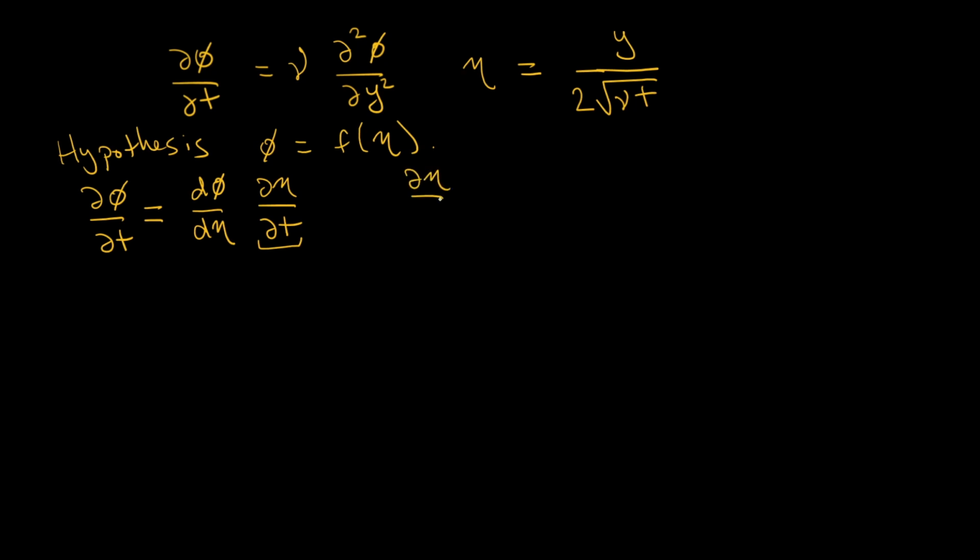So d eta dt is going to be, we're basically going to take the derivative with respect to t of eta, which is this quantity right here. So most of these terms will move out of the derivative. We don't have to worry about y. We don't have to worry about this 2 or the square root of nu.